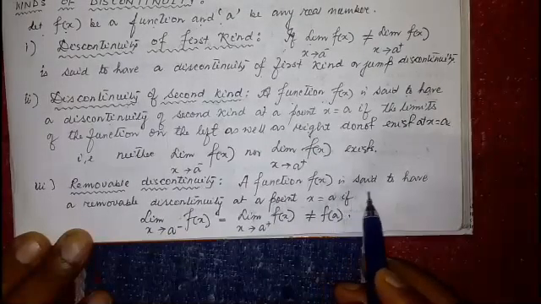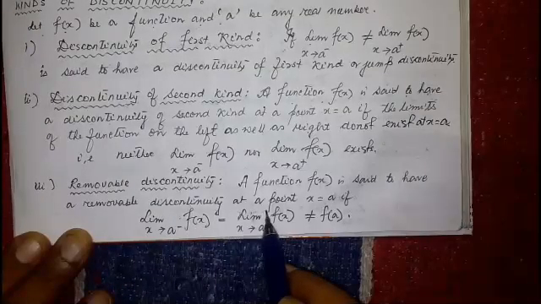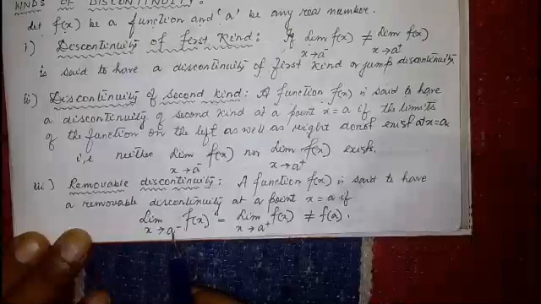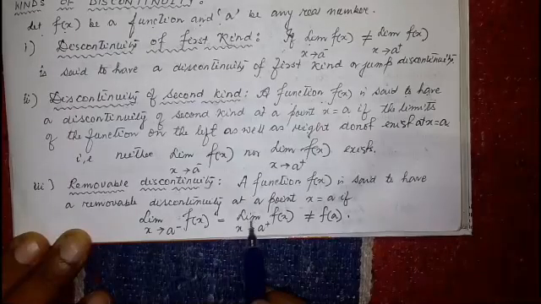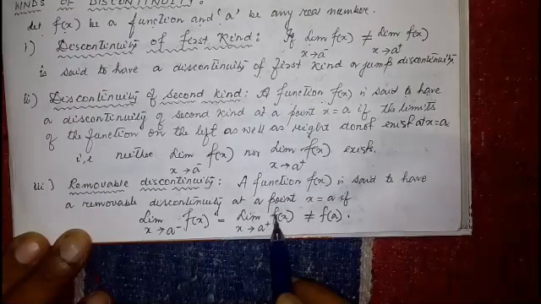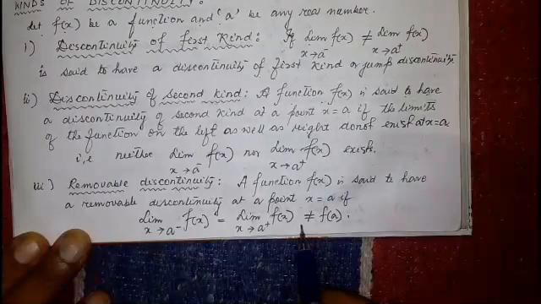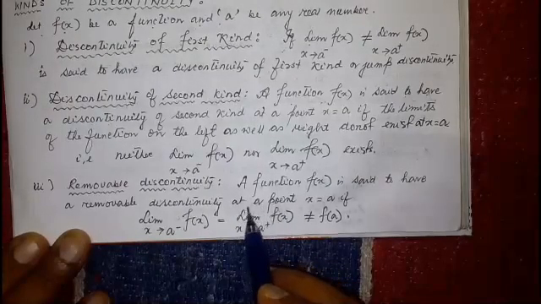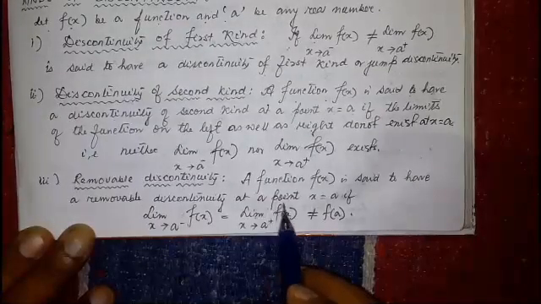A function f of x is said to have a removable discontinuity at a point x is equal to a if limit x tends to a minus, that is left hand limit of the function f of x, is equal to limit x tends to a plus f of x, but the value is not equal to f of a. Then this kind of discontinuity is called the removable discontinuity.